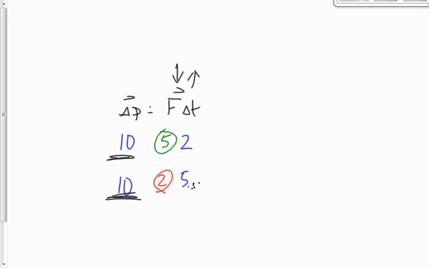Go ahead. Yeah, so it also spreads it out over a bigger area, right? Okay. I mean, that's something different. What we want to focus on is the first aspect of it, which is increase the stopping time, decrease the force. And that's what you're going to do today.